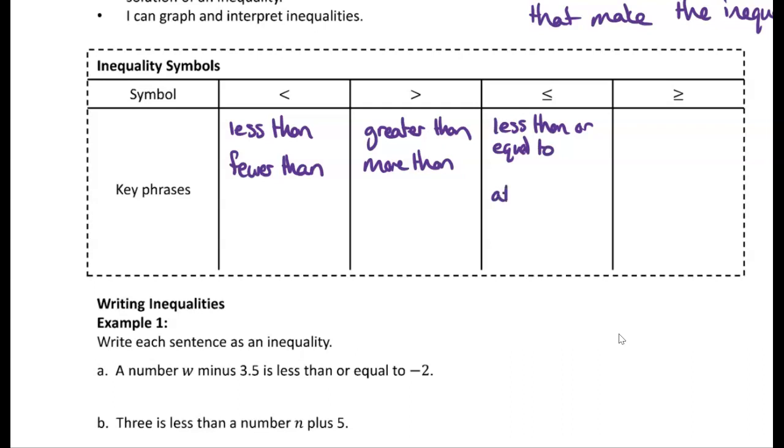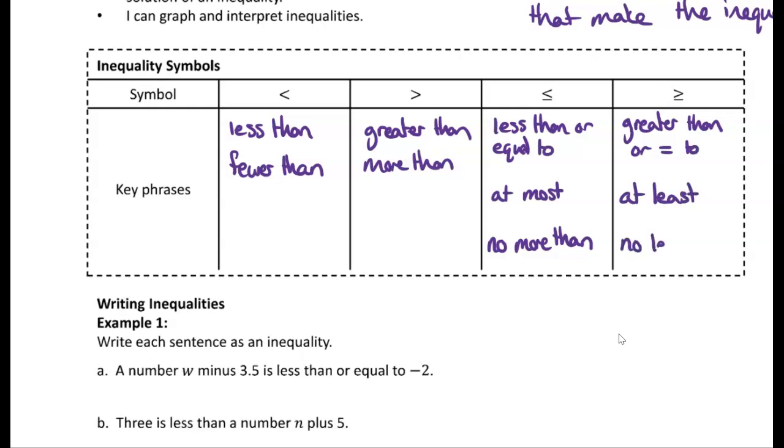You'll sometimes see it as at most, meaning that amount or less. Or you'll see no more than, meaning it's equal to that amount or less, it's not more than. And then on this one, you'll see greater than or equal to. At least, meaning that amount or more.